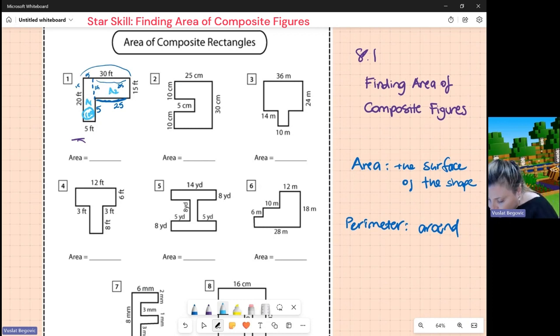Then I am looking at this one. So now the rectangle is 25 times 15, okay? 25 times 15 is, let's see, 25 times 5 is 125.